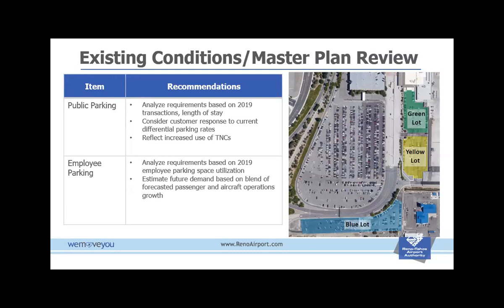That's going to be the refrain, incorporating TNCs, and that is an important data set that we're adding this time around. For employee parking, they've looked back at the actual employee parking lot utilization during 2019, and then they'll be estimating the future demand based on a blend of the forecasted passengers as well as the operations. As you heard our tenants talk about earlier today, there is an impact based on late flights and early flights, and that's some of the information they'll be taking into account.